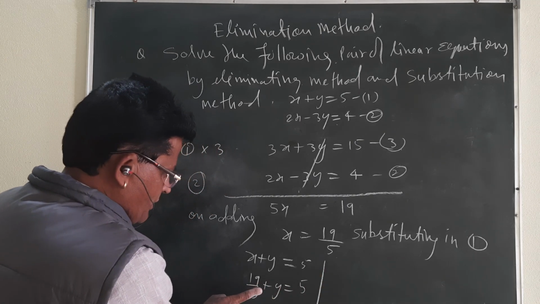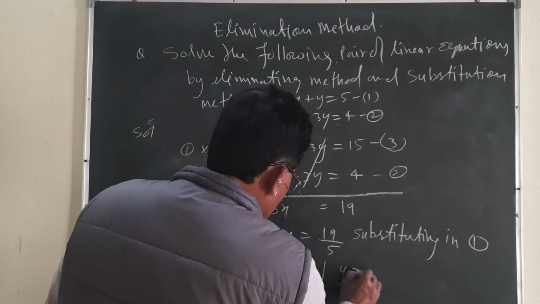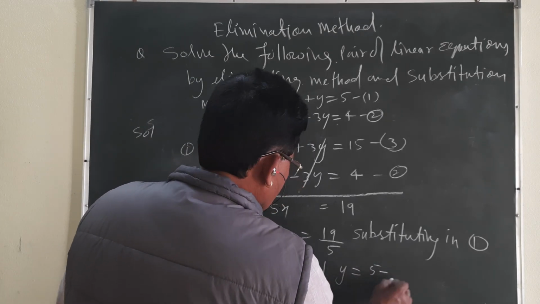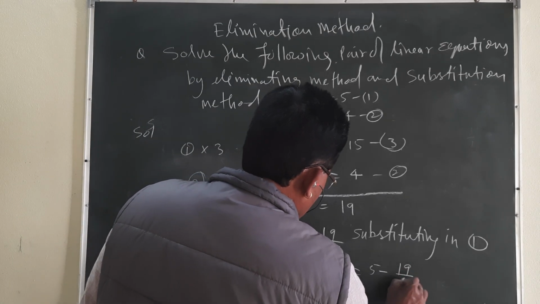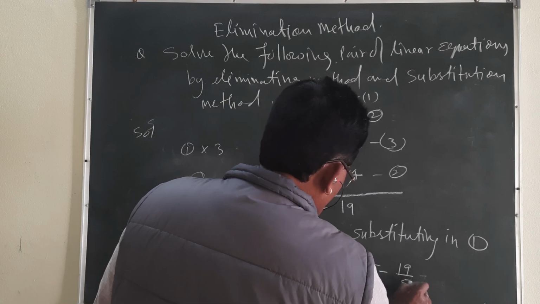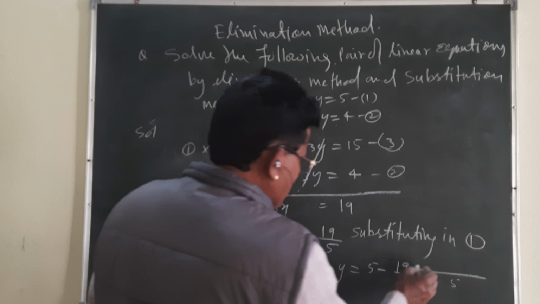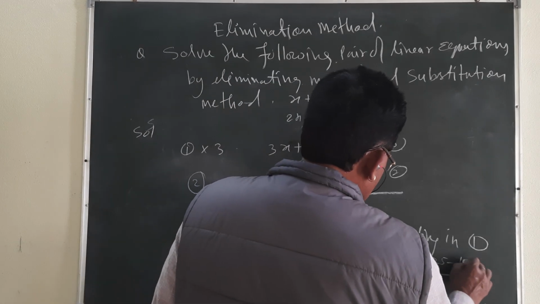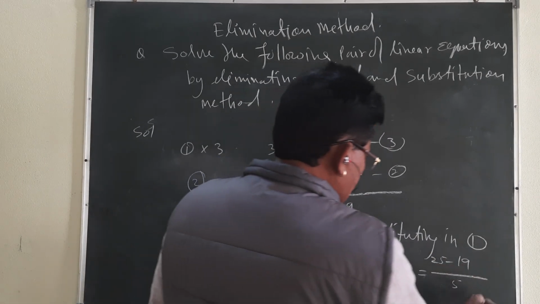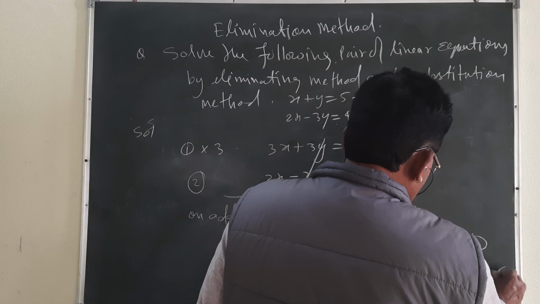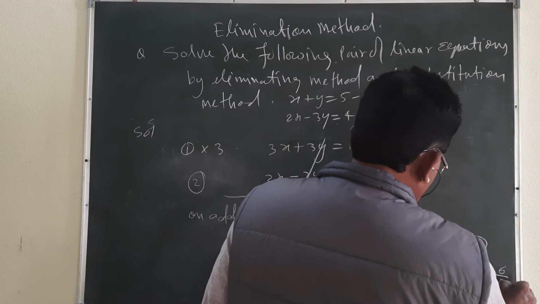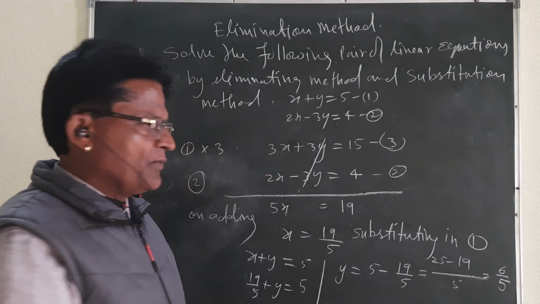Taking 19 by 5 from the left side to the right side, y is equal to 5 minus 19 by 5. Taking the LCM, which is 5, we get 5 into 5, 25, minus 19, so 25 minus 19 is 6. Hence y is equal to 6 by 5, and this is the value of y.